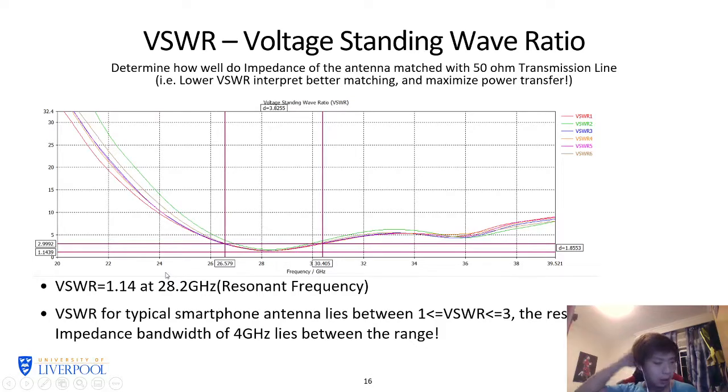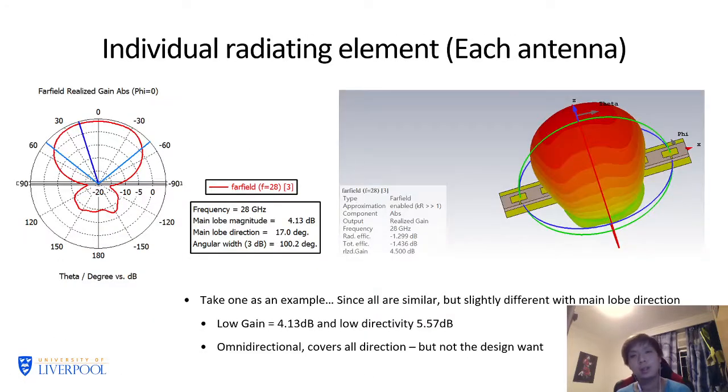And it reached 1.14 at the resonating frequency, and we usually consider 1 to 3 for VSWR, and we can see between this range we have 4 GHz, which is very large.